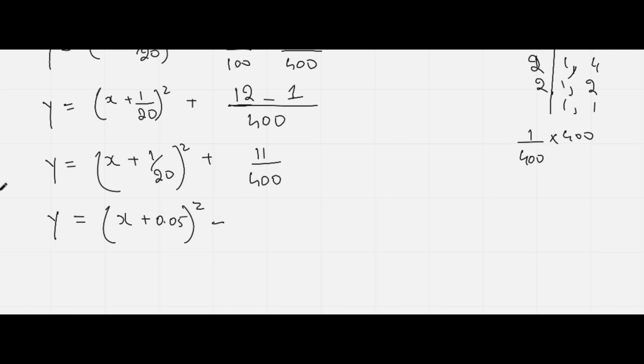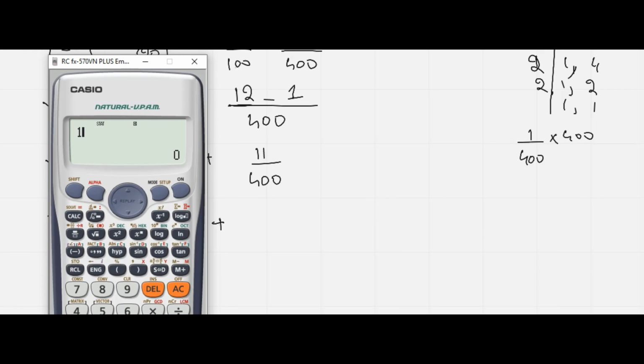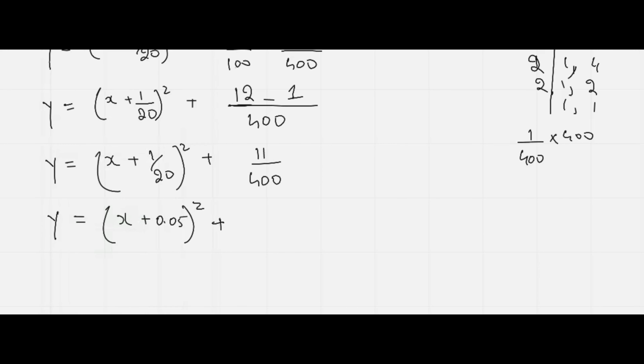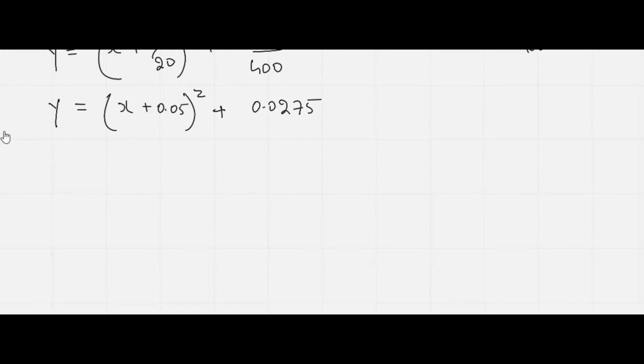And 11 by 400, what is it? It is 0.0275. There you go.